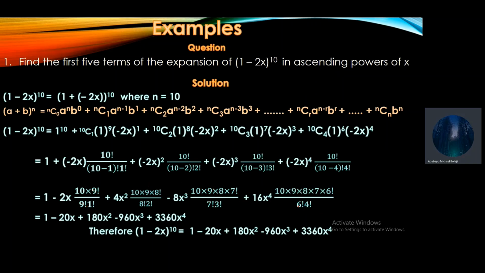I hope you are following me. Make sure you are with your calculator so you can multiply these answers. Let me repeat what I did here. This 7 factorial cancels 7 factorial, and 3 factorial will give us 3 times 2 times 1. So 3 in 3 is 1. 3 in 9 is what?